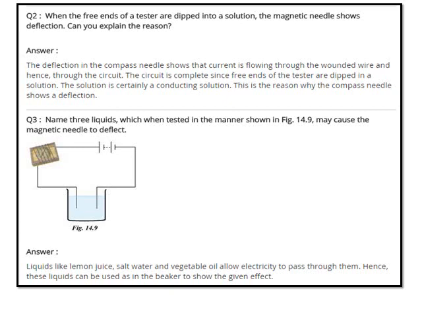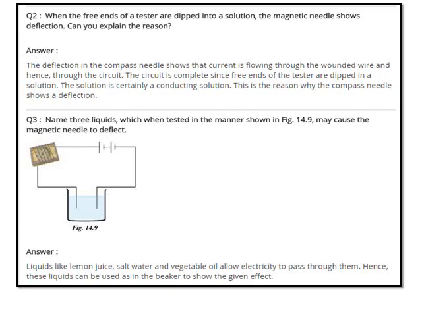The deflection of the compass needle shows that current is flowing through the wound wire and hence through the circuit. The circuit is complete since free ends of the tester are dipped into a solution. The solution is certainly a conducting solution. This is the reason why the compass needle shows deflection.